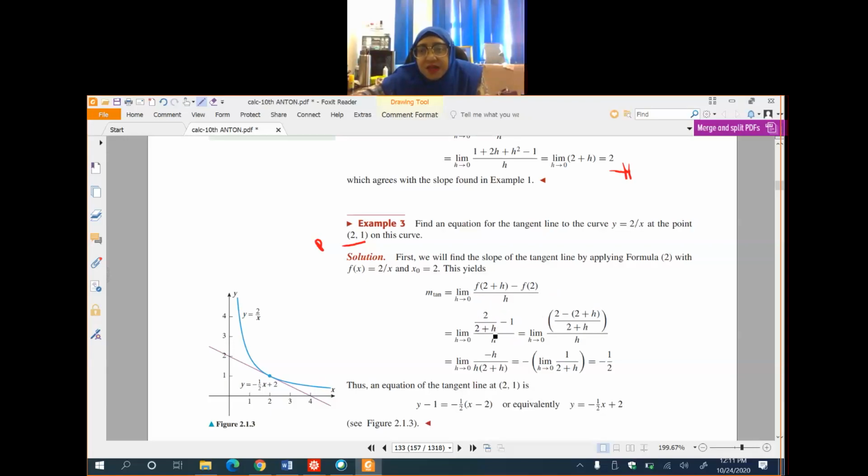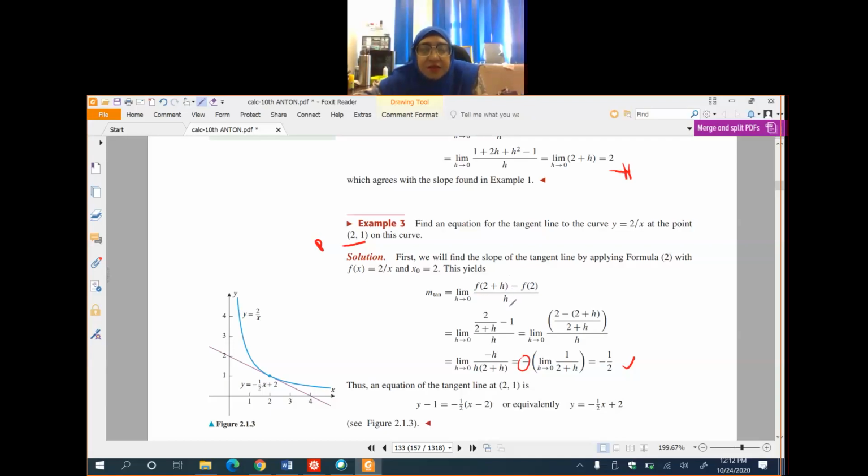You got negative h, divided by h, multiplied with 2 plus h. And then as h tends to 0, h and h can be cancelled out. If you substitute h equal to 0, it will give you negative 1/2. Negative is from here. So that is the slope of the tangent line.